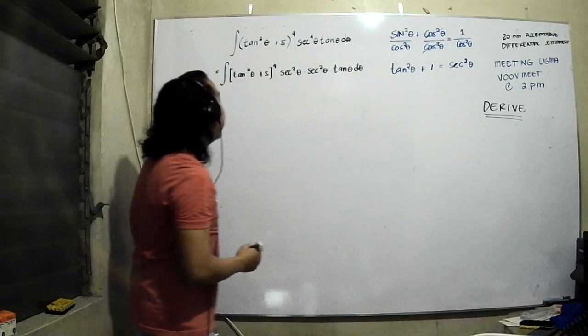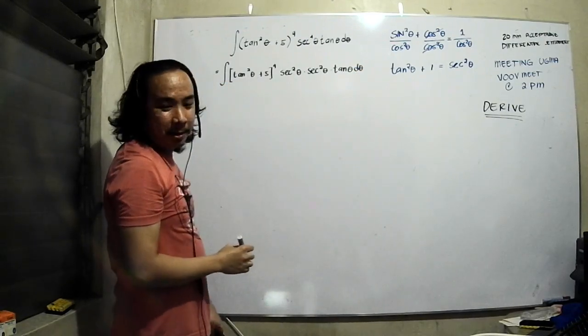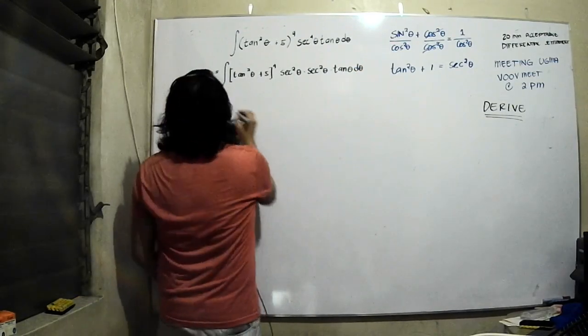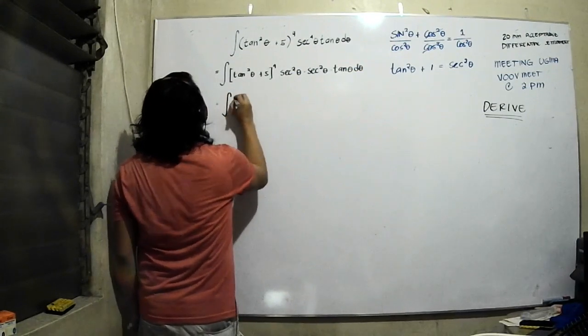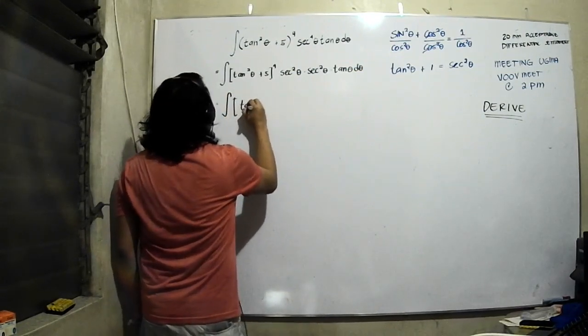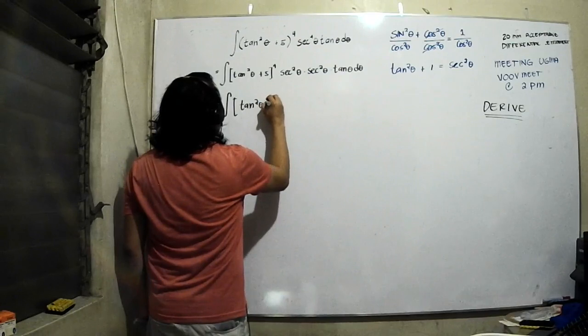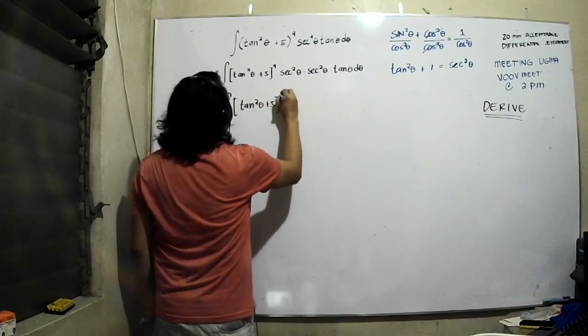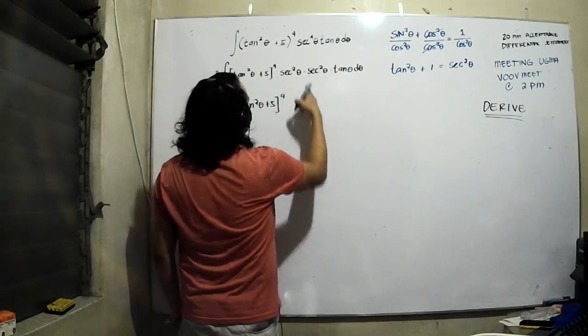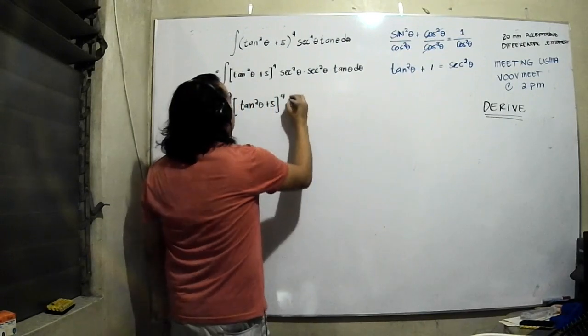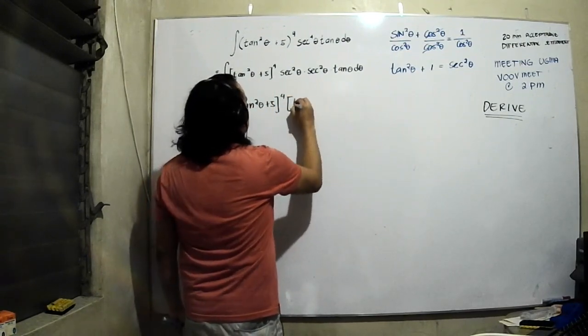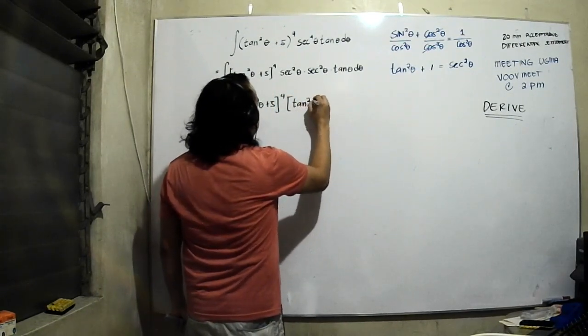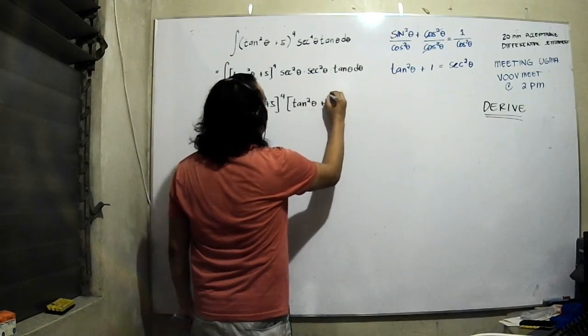So that's our setup. Let me rearrange: secant squared is equal to tangent squared plus 1.